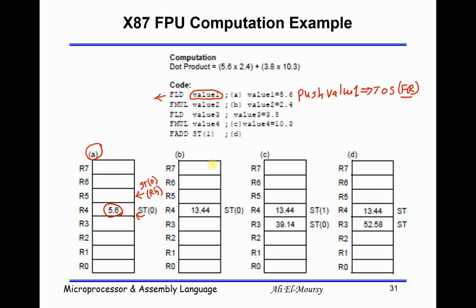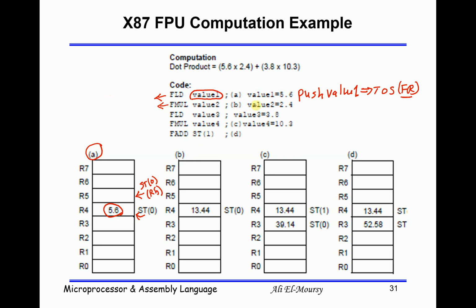We will show in these parts the status of the registers after execution of each of my 5 instructions. Now the second instruction here is fmul. Fmul is doing 3 things.